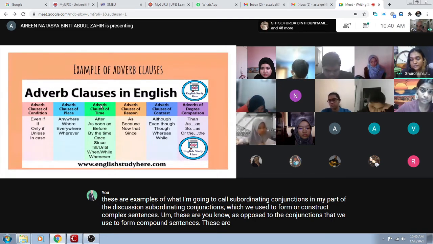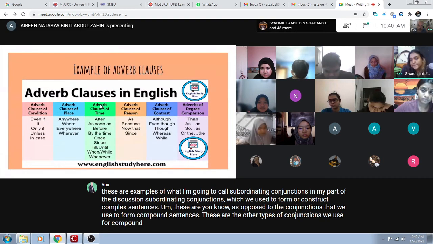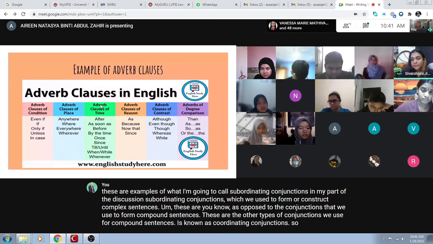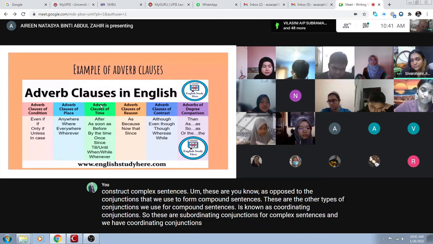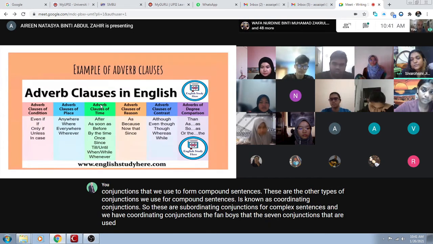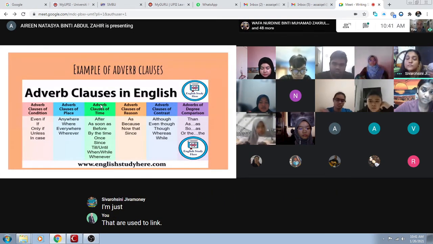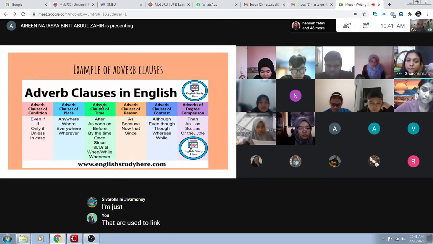The other types of conjunctions we use for compound sentences are known as coordinating conjunctions. So these are subordinating conjunctions for complex sentences, and we have coordinating conjunctions, the fanboys, the seven conjunctions that are used to link independent clauses to make a compound sentence.